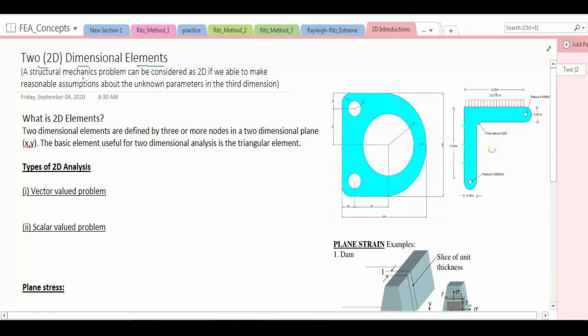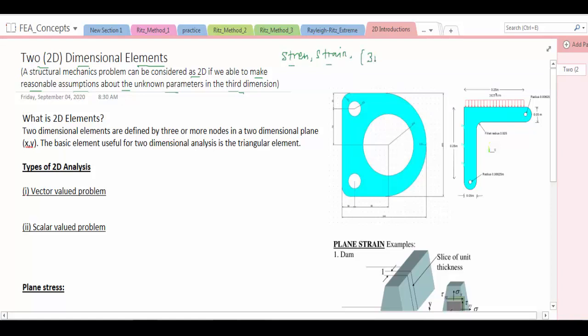A structural mechanics problem can be considered as 2D if we are able to make reasonable assumptions about the unknown parameter in the third dimension. For example, if you want to analyze the stress or strain, suppose the problem dimensionality is 3D.